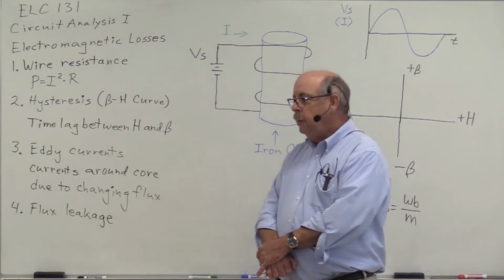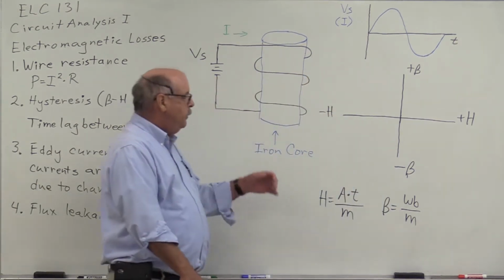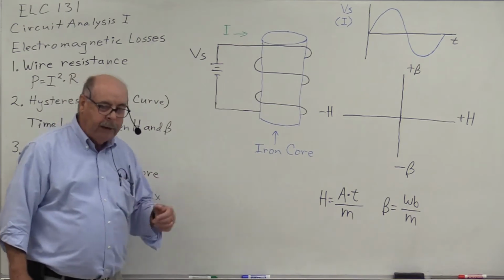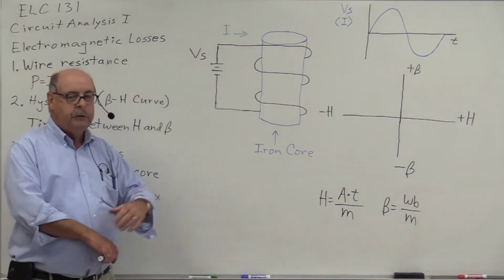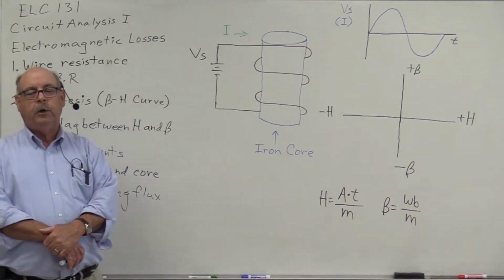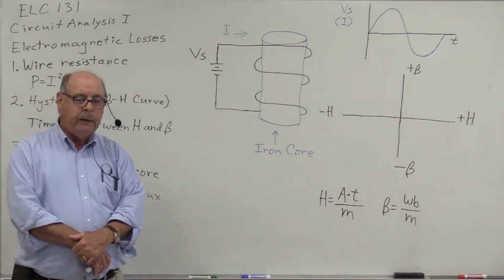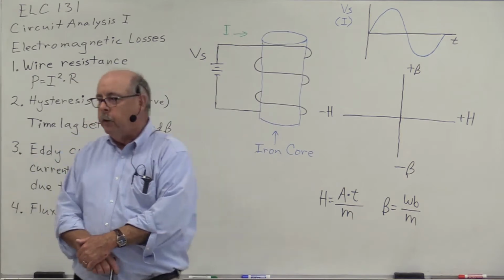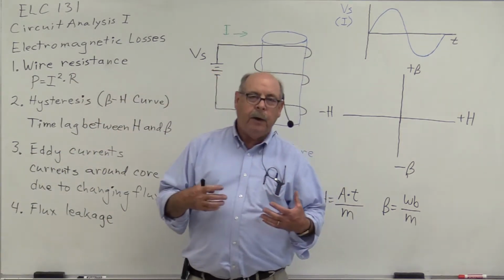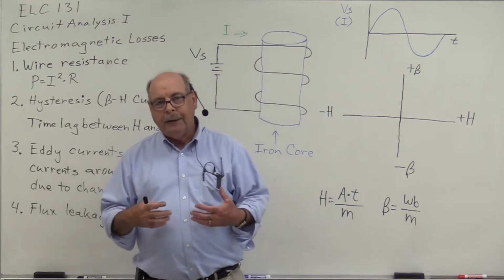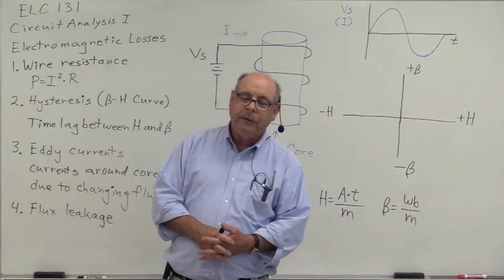Of course, we look at a simple electromagnet, and when we apply a voltage source to the winding, current is going to flow through the winding. And anytime we have current flow through a resistance, we're going to have power loss, or power dissipated in the form of heat.